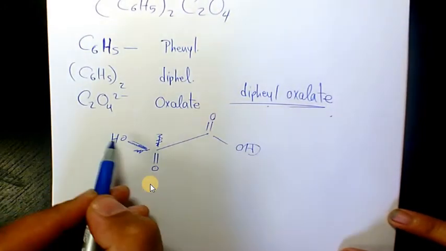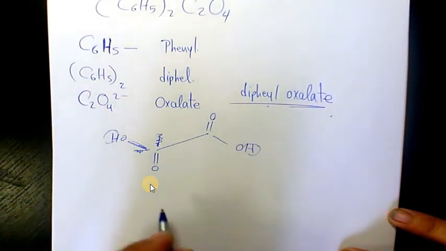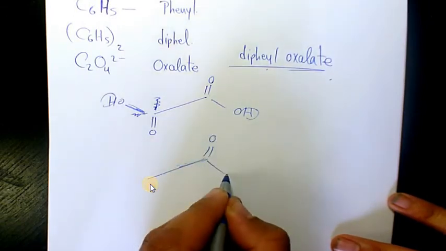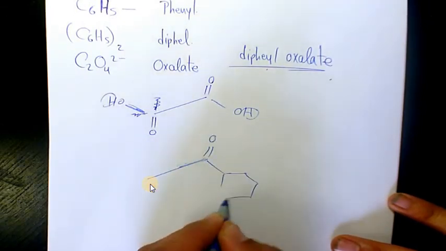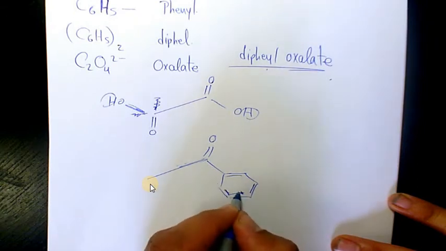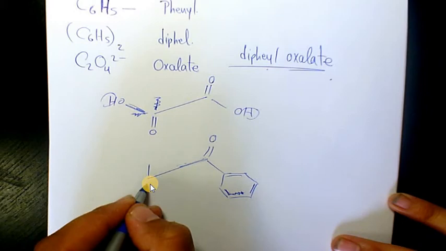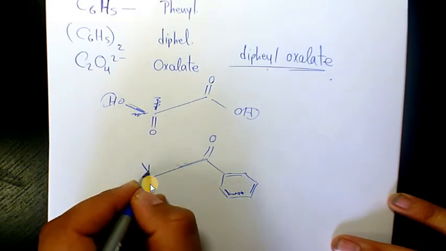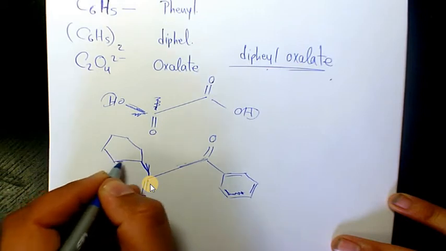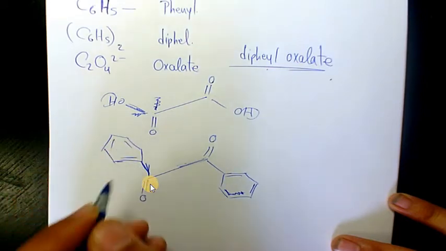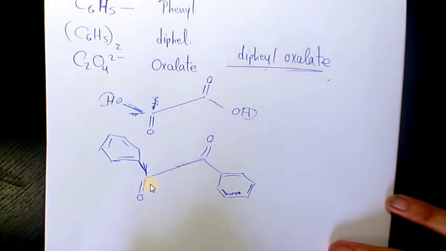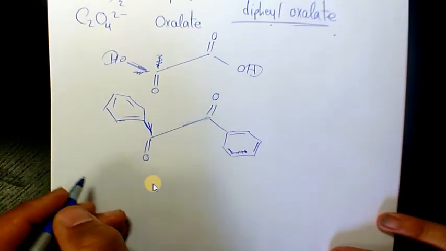When these hydrogens are substituted with phenyl groups, it's going to be diphenyl oxalate. How to find the molar mass?